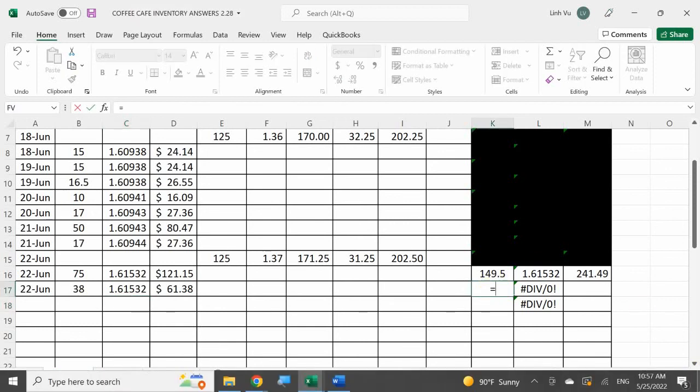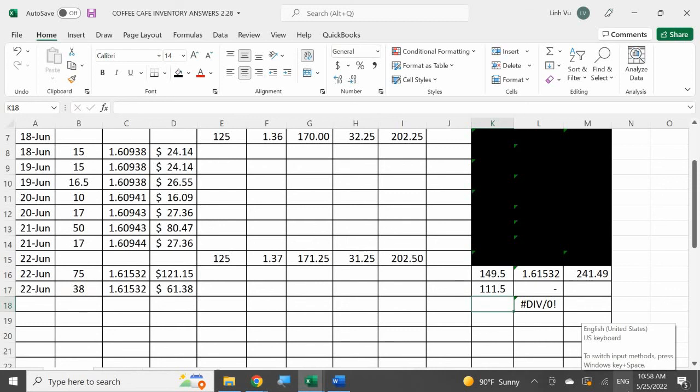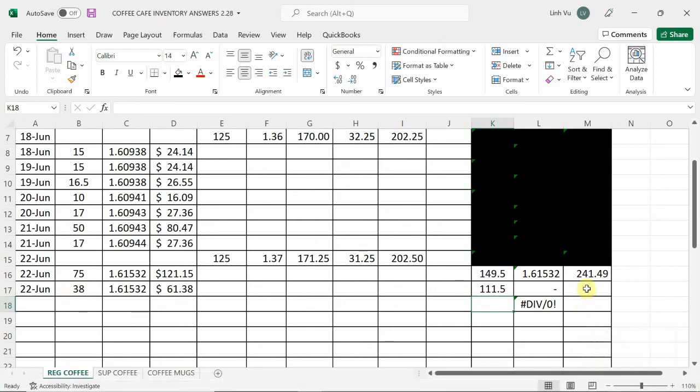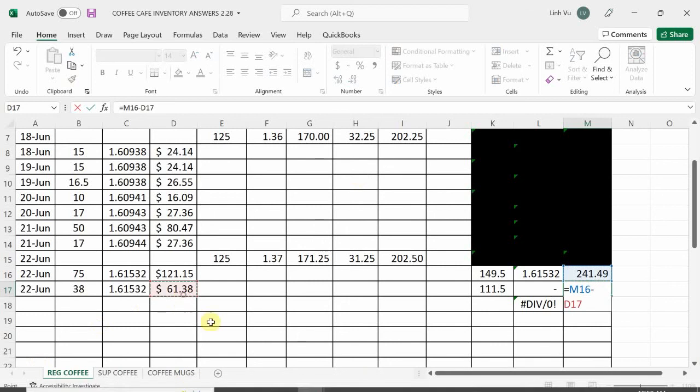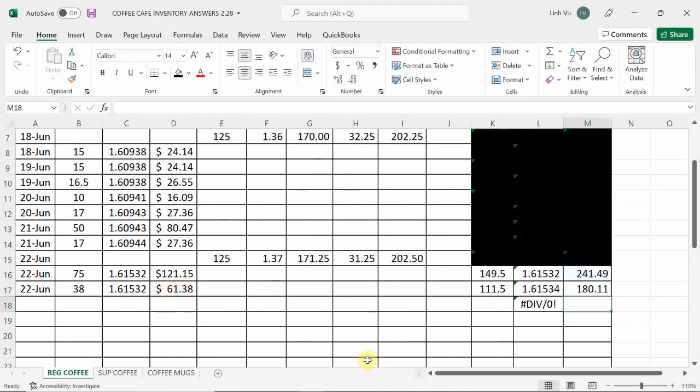So let's update my inventory, because I no longer have 149 pounds, because I ended up using 38 of them. So I should be left with 111 and a half. I'm also going to subtract my $61 to give me a total of $180.11.